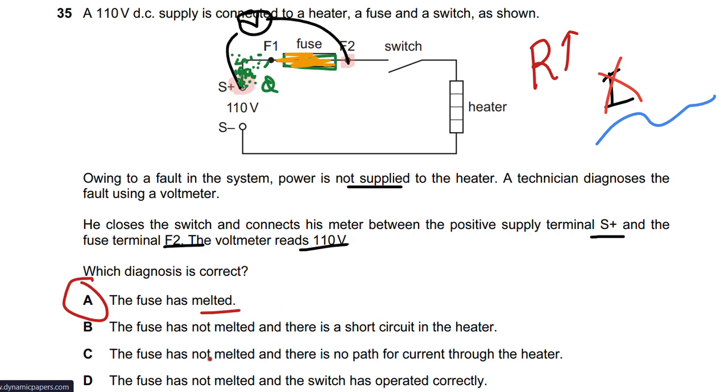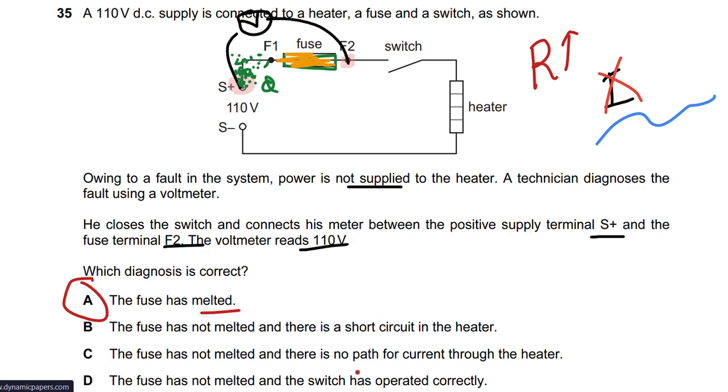But this third option is that there's no path for current through the heater. Well, if there's no path for current through the heater, that would mean that current is not able to flow through the heater, like charge is not able to flow. So essentially that would cause a massive voltage drop across the heater. And this last part, the switch has operated correctly.